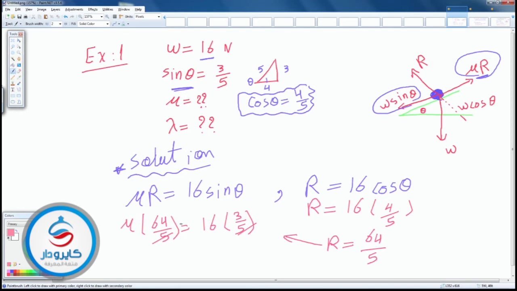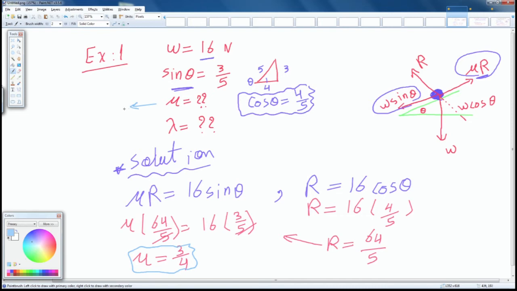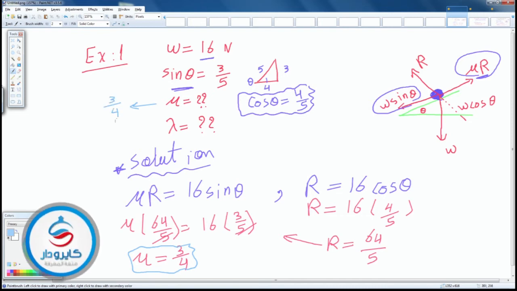The 5 is crossed out with 5, and by calculation mu equals 3/4, and this is the first request. The value of mu is 3/4. We can use this small space to complete the second request.